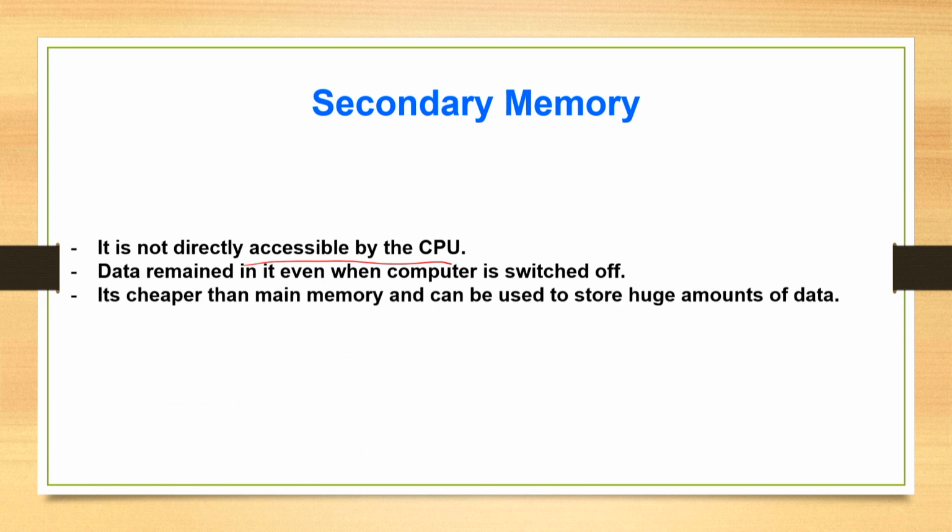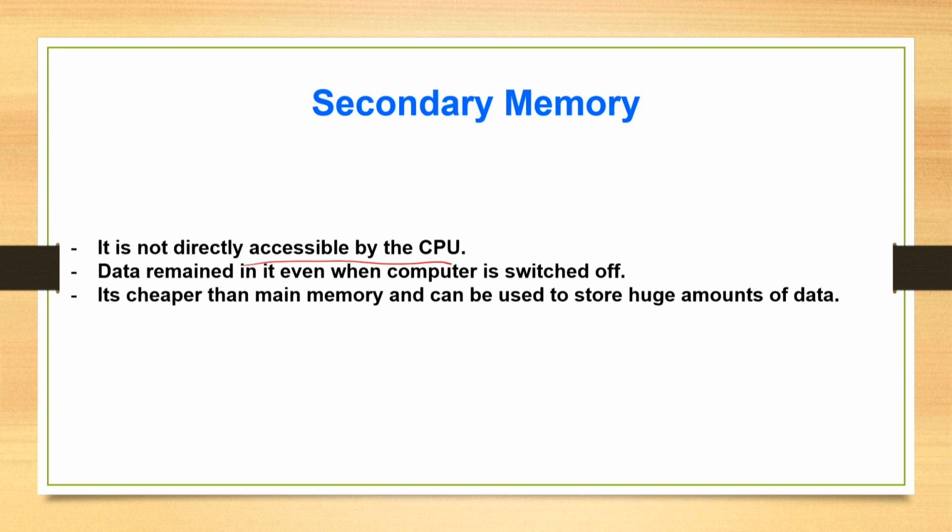Secondary memory is cheaper as compared to the main memory, or you can say primary memory, and is also used to store a huge amount of data as compared to primary memory. It means its storage capacity is larger.